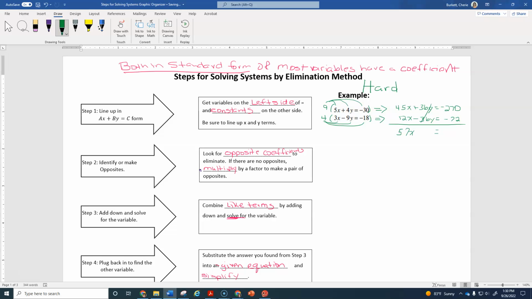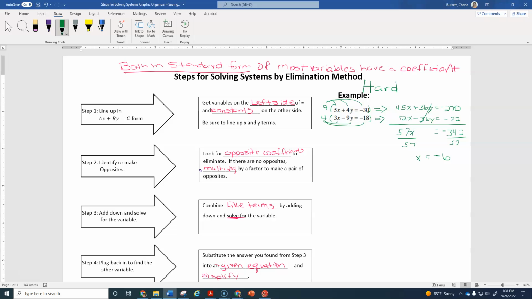And a negative and a negative combine to make a bigger negative: 270 and 72 is 342. Now I have 57x is equal to negative 342. Divide both sides by 57. And x is equal to negative 342 divided by 57, which comes out to be 6. So x is negative 6.